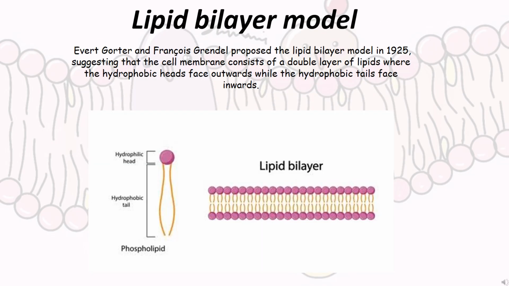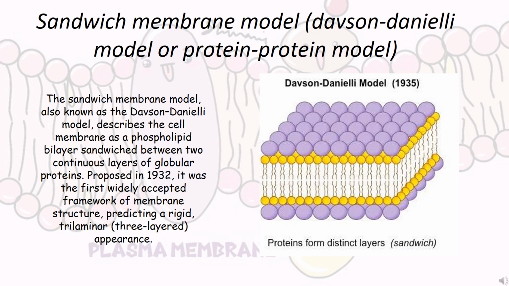Evert Gorter and François Grendel proposed the lipid bilayer model in 1925, suggesting that the cell membrane consists of a double layer of lipids where the hydrophilic heads face outwards while the hydrophobic tails face inwards. Although incomplete, their model provided the basic framework of the cell membrane. The thought that the membrane was surrounded by proteins was suggested by Harvey and Kenneth S. Cole in 1932.